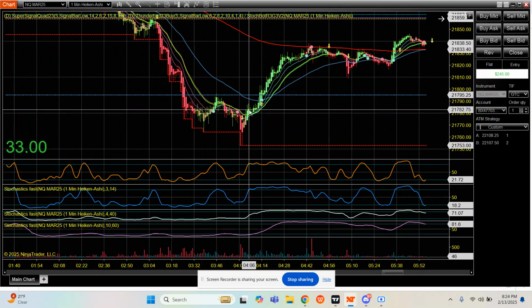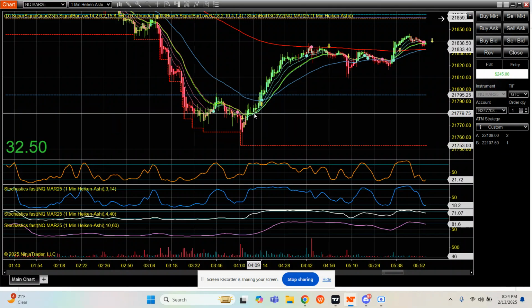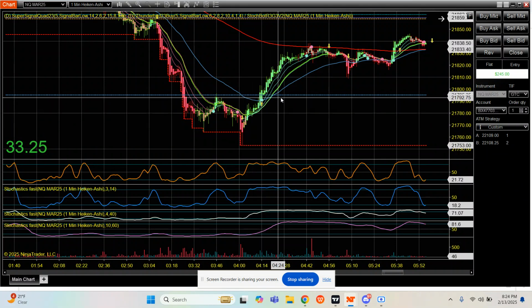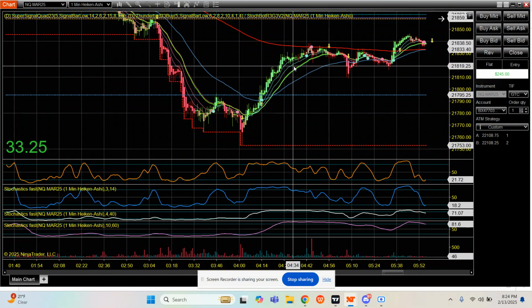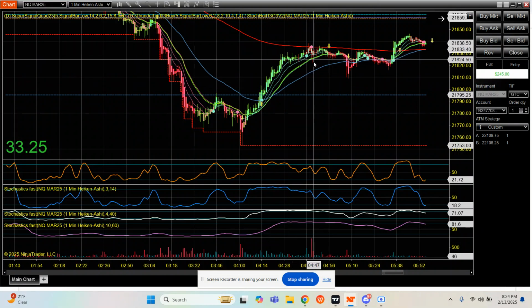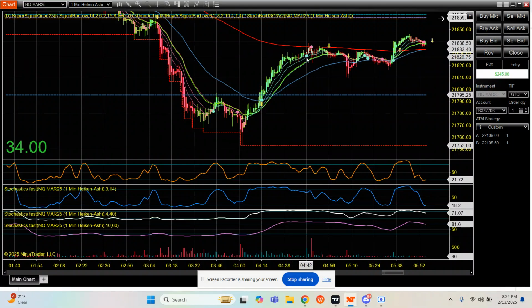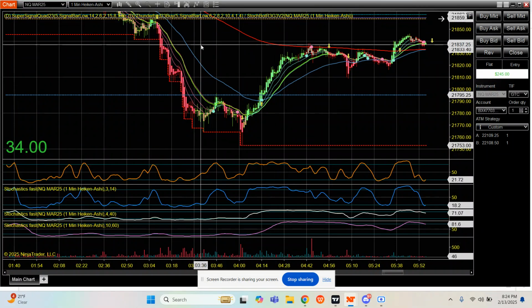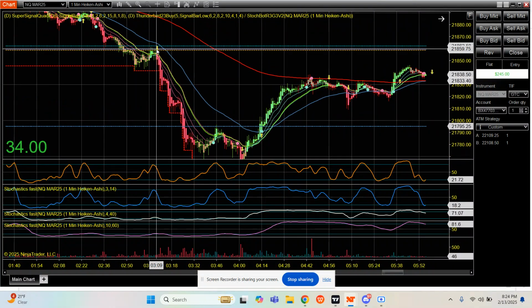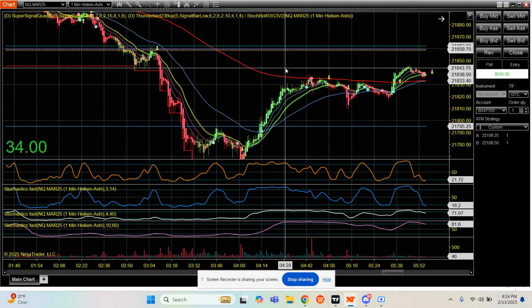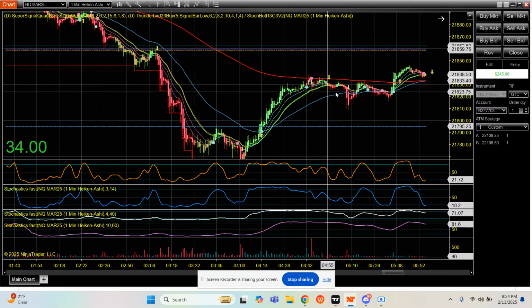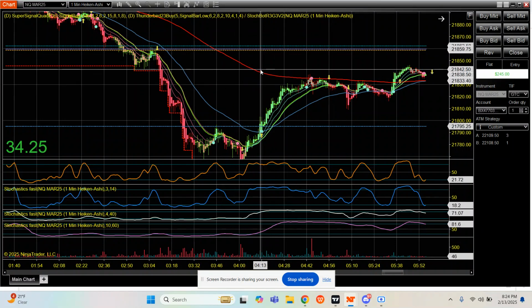We pushed through here, kind of teetered out a little bit, but then we just kept on ripping all the way up, and then we finally got an entry arrow and the dots, and then just keep on riding it until you either get a candle close through the profit wave or you smack a major EMA or previous price. You're either going to target this previous price here if you're in this trade, or the EMA. Whatever you hit first is what I'm going to exit out of first, typically.